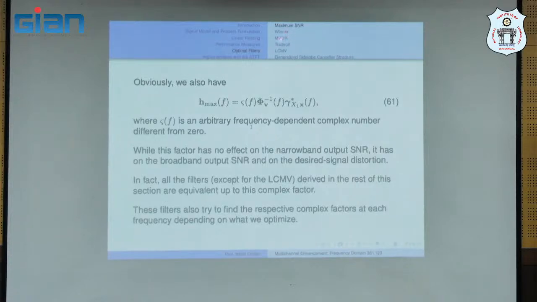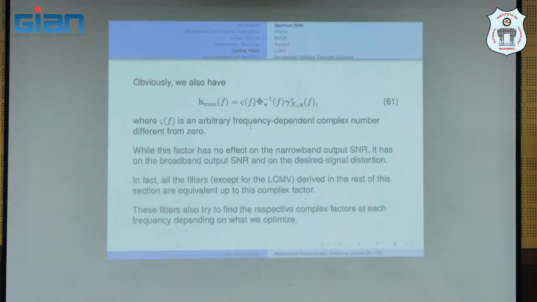What does it mean? It means that if the other filters like Wiener, MVDR, and trade-off differ only by this value, all of them maximize the narrowband output signal to noise ratio, as we will see. But they don't maximize the broadband output SNR, which is important.